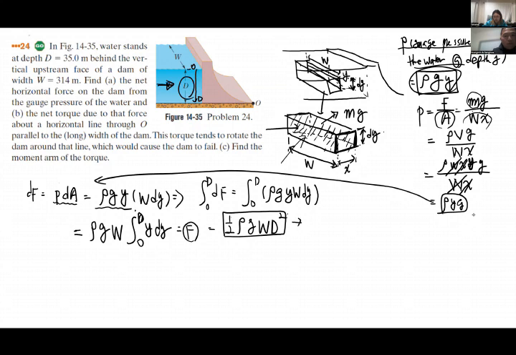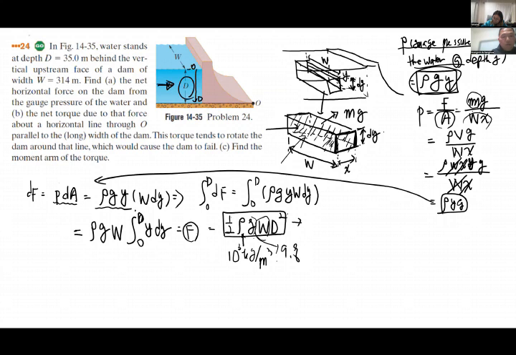That's the horizontal force applied to this cross-sectional area. So now, can you plug the numbers into this formula and tell me how much you have? The density of water is 10 to the 3 kilograms per cubic meter, and g, you already know, is 9.8.